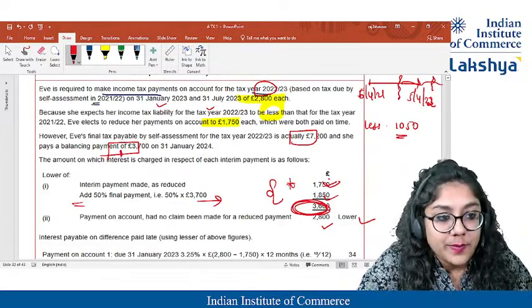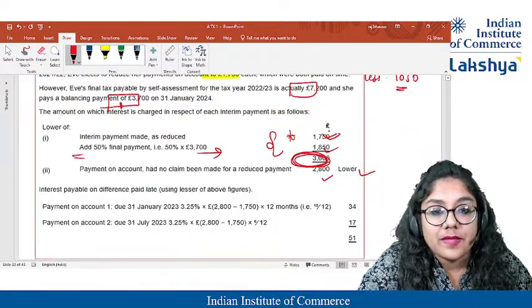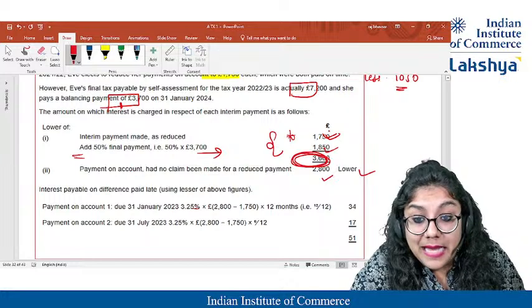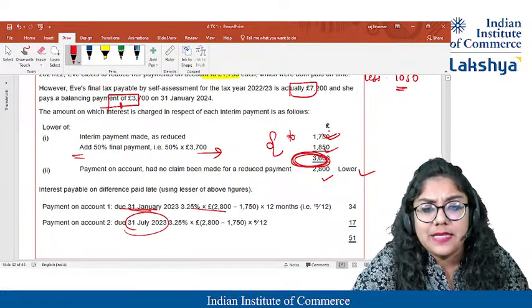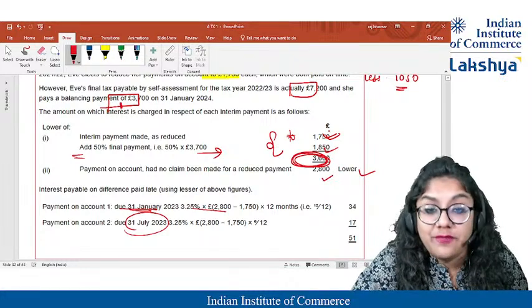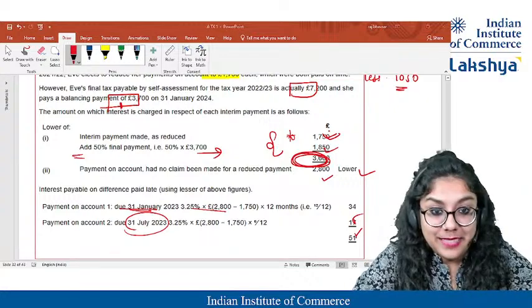So yes, she has to pay the taxes for the whole year. And if you remember, from 31st July till 31st Jan 2024, it's only 6 months. So we just multiplied it with 6 months. That's all.